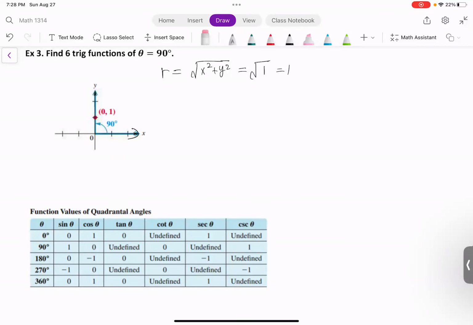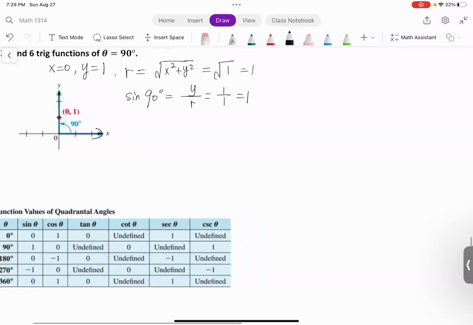So let's choose the point 0, 1. Then the 6 trig functions: sine theta, and they already gave us the value of theta. We say sine 90 degrees equals y over r. So let's list the x value equals 0. Y's value is 1. R is also 1.